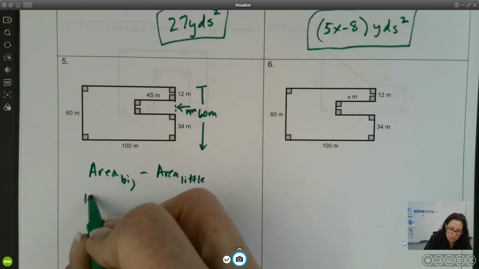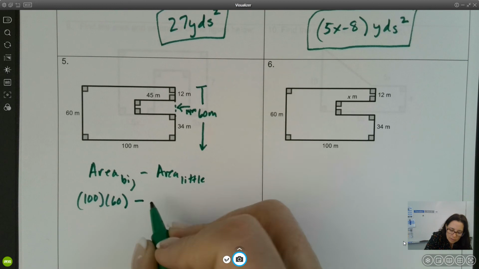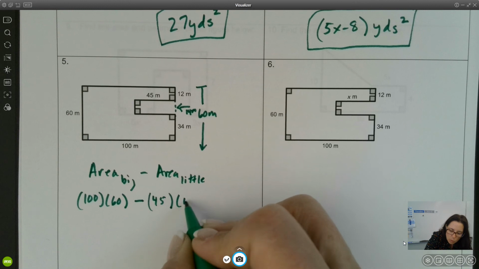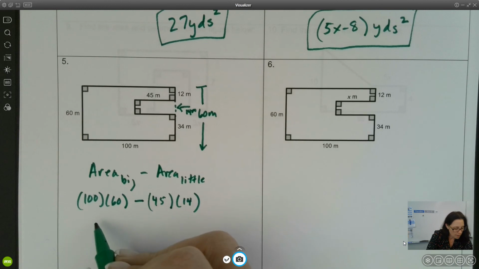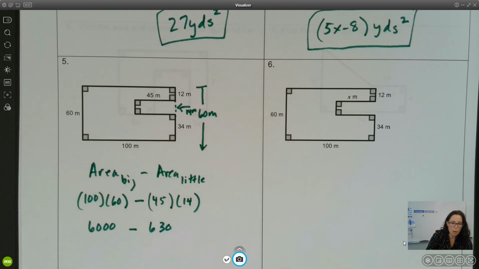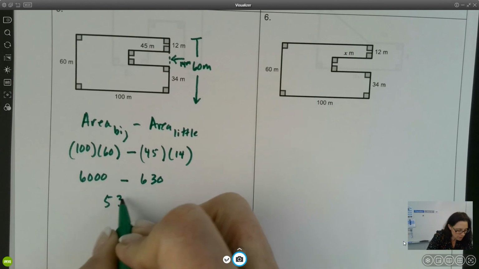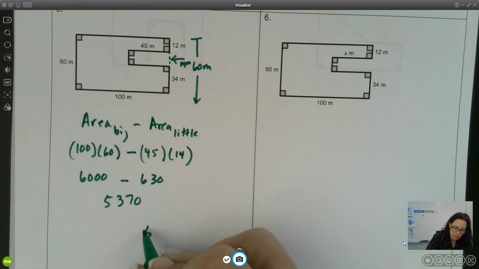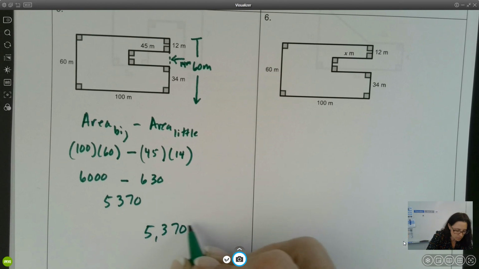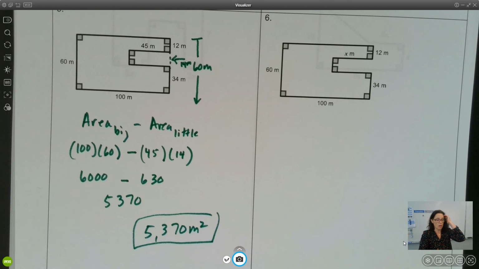So we're going to do 100 by 60, and then we're going to take off 45 by, what did we say, 14. So this is 6,000, and this is 630 if you pop it in a calculator. So that would be 5,370. So 5,370 meters squared is the area of this object.